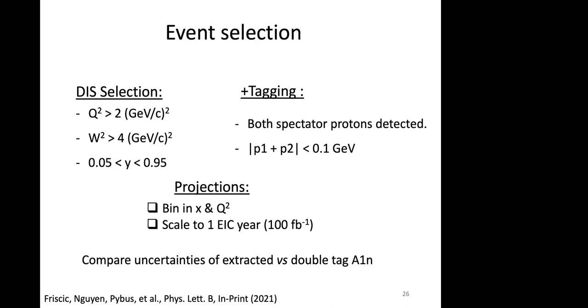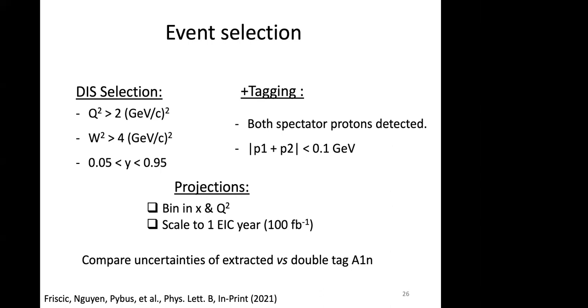This y cut is also to have good resolution. With this DIS sample from electron on helium-3, we perform the traditional extraction method to extract A1N from A1 helium-3.